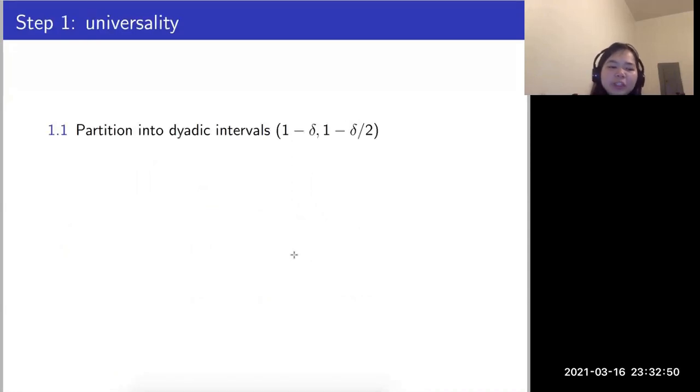And how do we show the universality? Firstly, we partition the real line into dyadic intervals, intervals of the form 1 minus delta over 2. The reason for partitioning into these small intervals is that in each of them, one expects to see about an order 1 number of roots. So the expectation is of order 1.